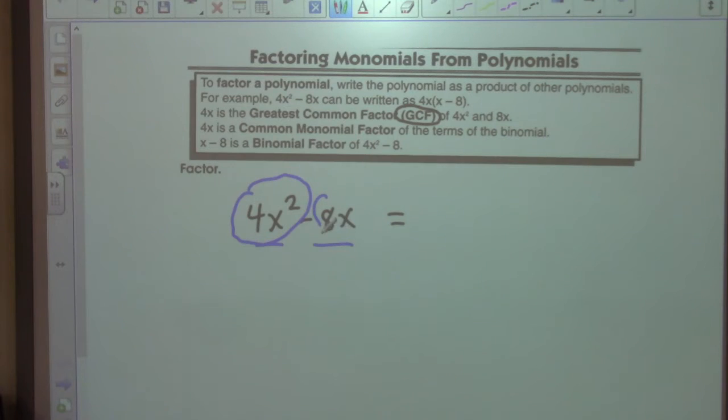These two monomials separated by a minus sign together compose a binomial. What kind of binomial do we call this?